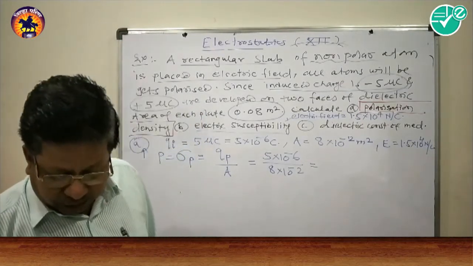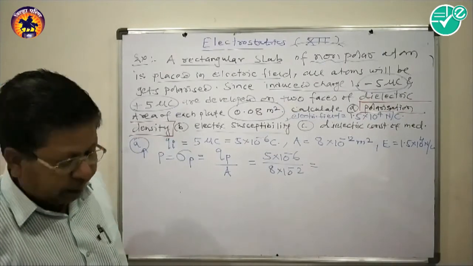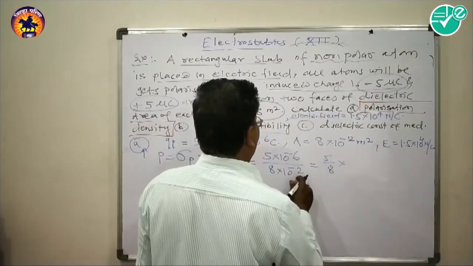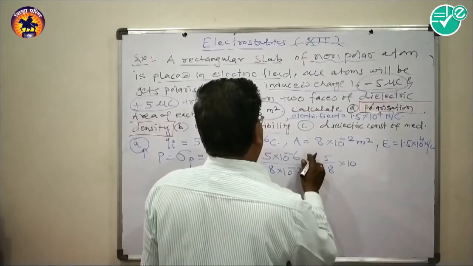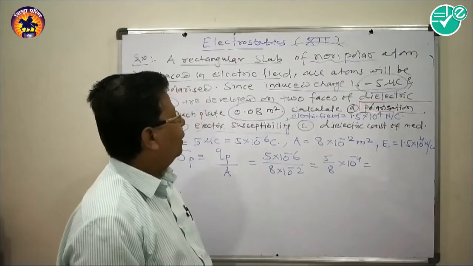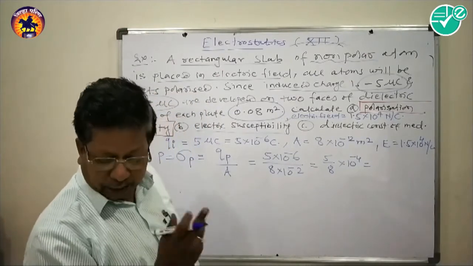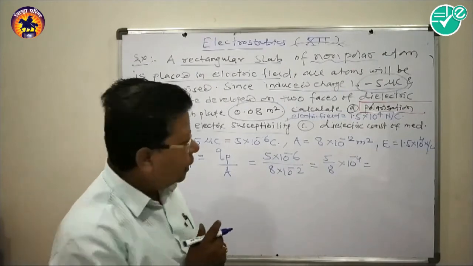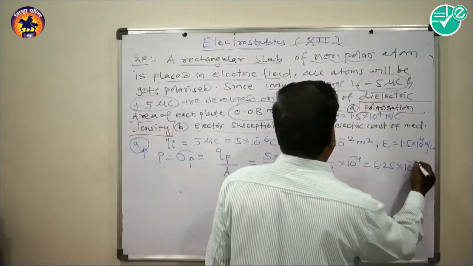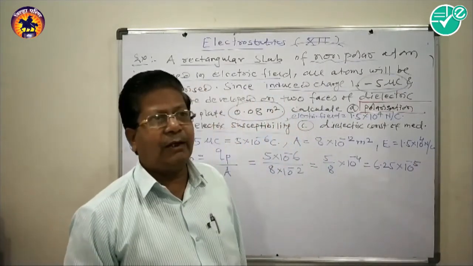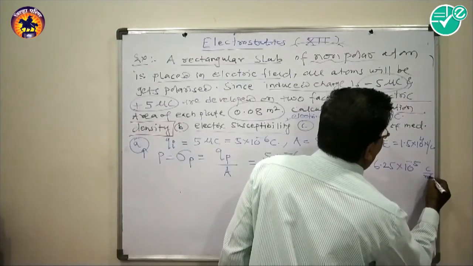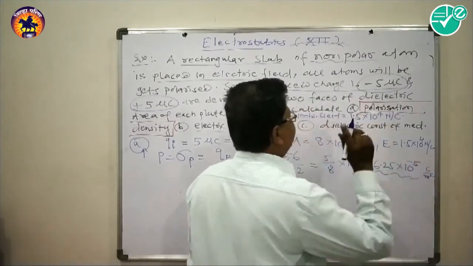Then polarization density comes out to be 5 by 8 into 10 to the power minus 4, which is equal to 50 divided by 8 into 10 to the power minus 5 and is equal to 6.25 into 10 to the power minus 5, and the SI unit of polarization density is Coulomb per meter square.